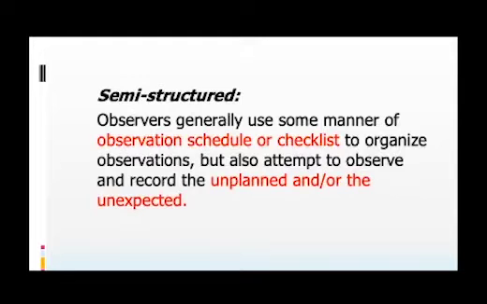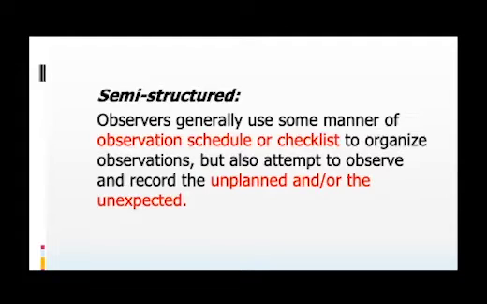Now, we also have what we call a semi-structured observation, where observers generally use some manner of observation schedule or checklist, very much the same as that of the structured. We need to organize the observation. That's the purpose of the structured.